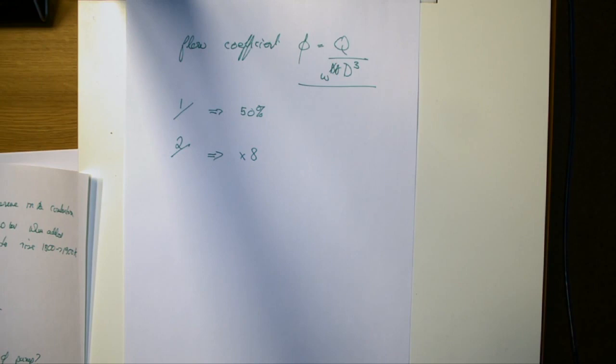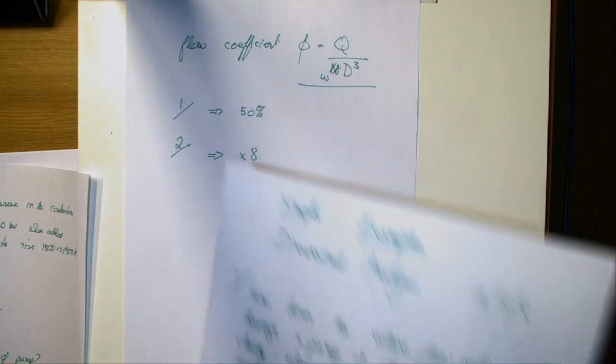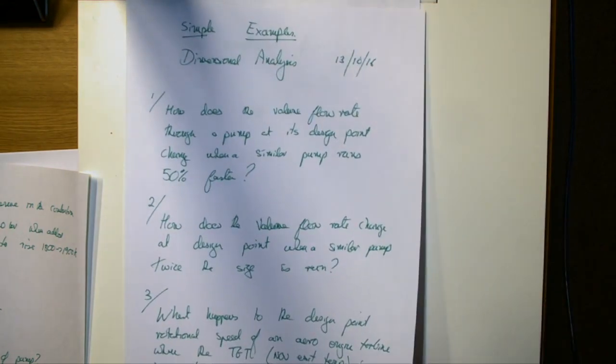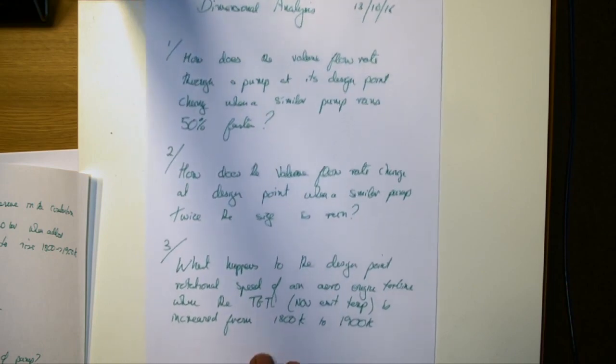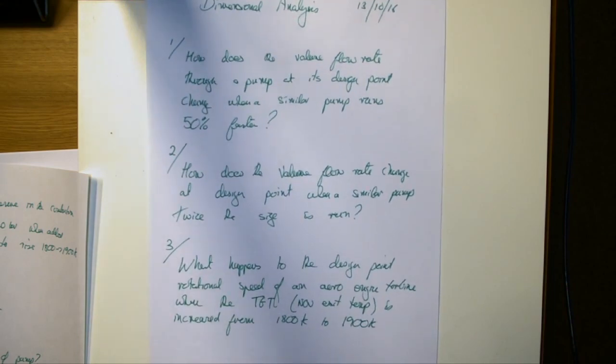Question 3. What happens to the design point rotational speed of an aero engine turbine when the TGT, which is the turbine gas temperature, measured at the NGV exit inside the turbine, is increased from 1800 Kelvin to 1900 Kelvin?